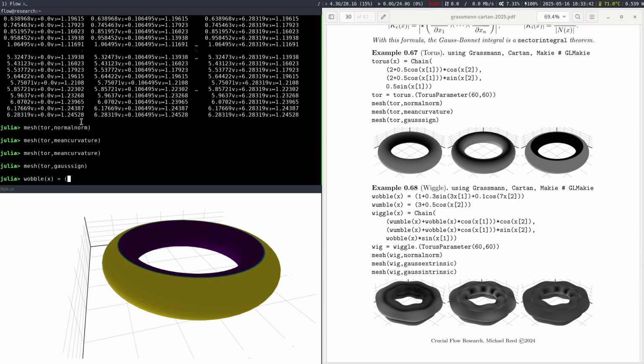Let's also define this wobble. I've previously shown this example before, but I figured I could keep it as an example.